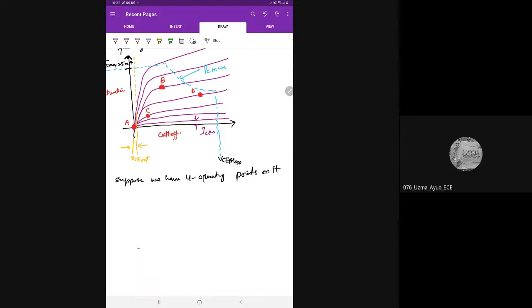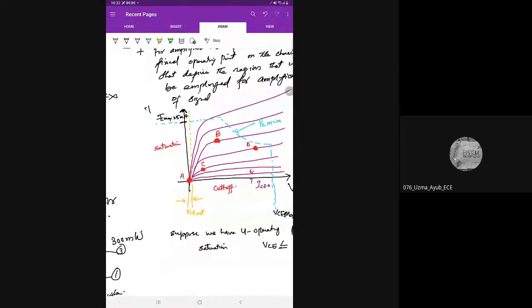How is saturation region defined? Saturation region in this curve will be defined when our VCE is less than or equal to VCE saturation. ठीक है, this is VCE, this is IC here.